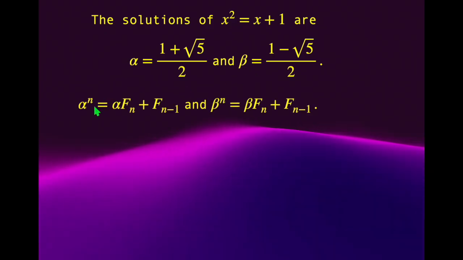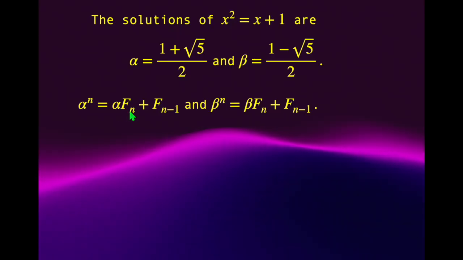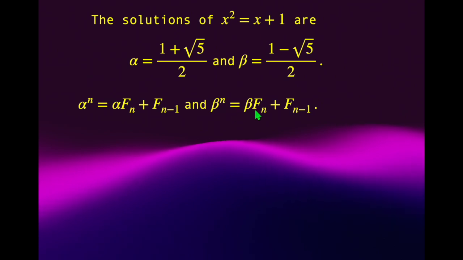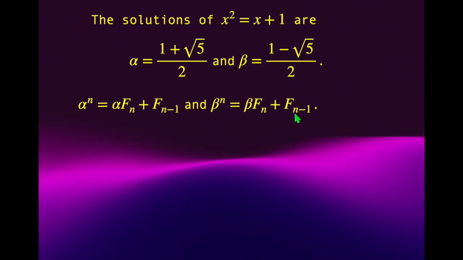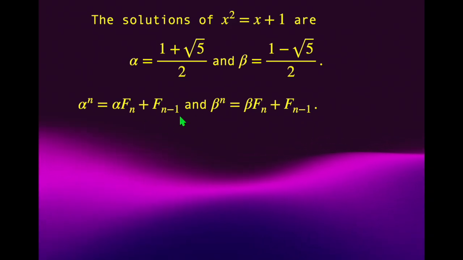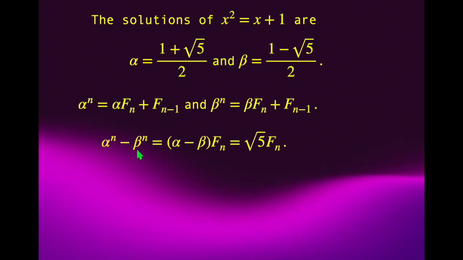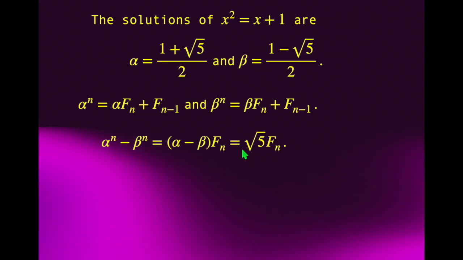So we get that alpha power n equals Fn alpha plus Fn minus 1, and beta power n equals Fn beta plus Fn minus 1. We subtract these two expressions to cancel Fn minus 1, and we get that alpha power n minus beta power n is equal to alpha minus beta times Fn.